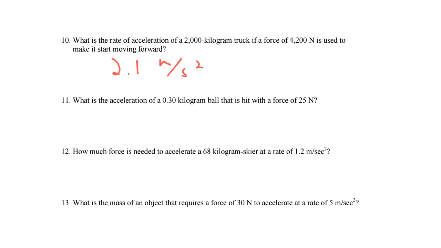Another acceleration. So take the force, 25 divided by the mass, 0.3 kilogram. This would be 83.33 meters per second squared. So that's actually a good amount of acceleration. That's about 8 gravities worth of acceleration.